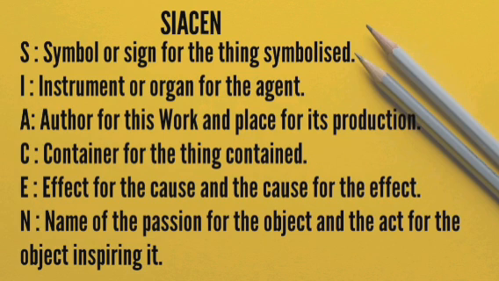Next variety is referred by SIA, that is A refers to author for his work. Okay, another kind of variety is included within it, that is place for its production. So place for its production and author for his work is used over here within the same bracket of A. Okay, author for his work.